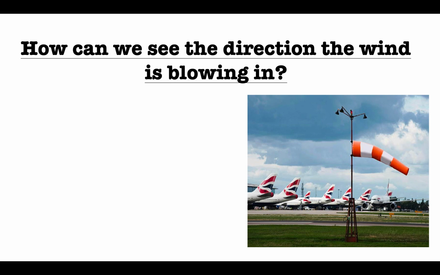Okay, so how can we see the direction the wind is blowing in? Wind direction. We can see the direction the wind is blowing by looking at a weather vane on a tall building or a flag on a flagpole. We name a wind by the compass direction from which it blows.